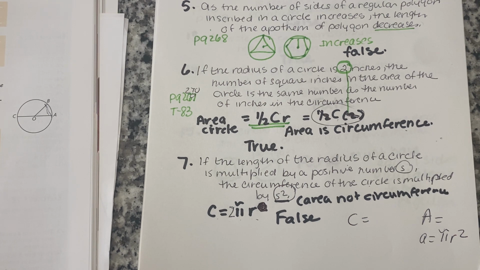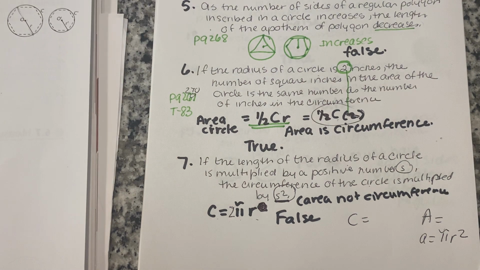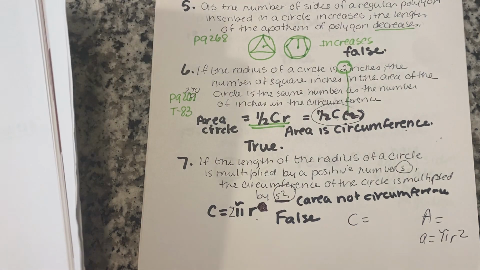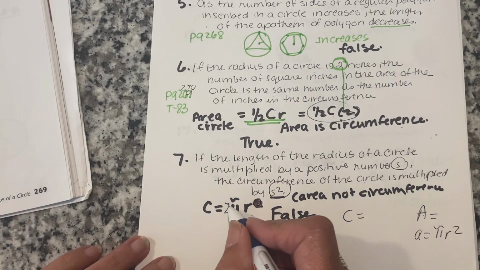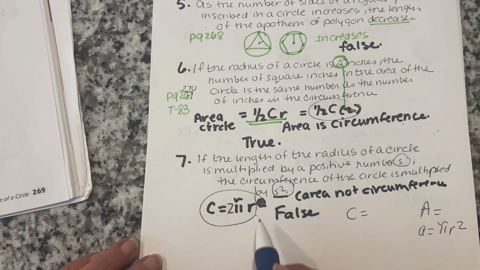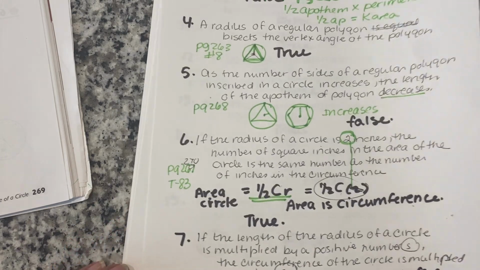The circumference equals 2 pi r. Right there. It has nothing to do with the square. I put that in there, I guess. Okay, go on to number 8.